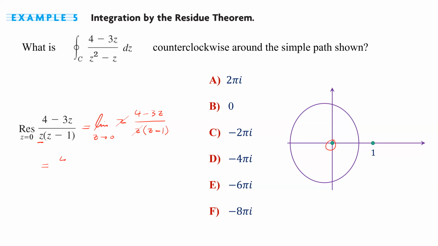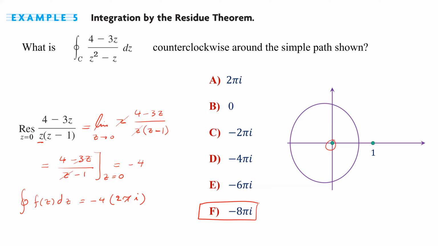That becomes 4 minus 3z divided by z minus 1 evaluated at z equal to 0. So if you put z equal to 0, the numerator becomes 4, and the result is negative 4. And the integral of f(z) dz becomes negative 4 times 2 pi I. So that becomes negative 8 pi I. All right?